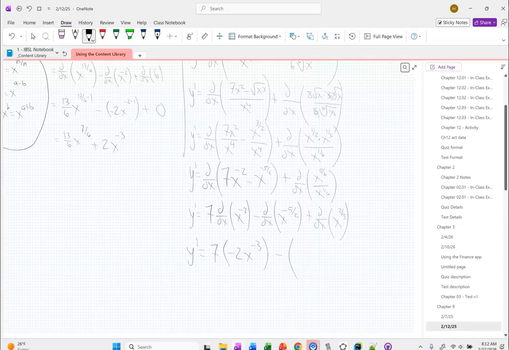The derivative of x to the -5/2. The new coefficient should be -5/2. And then the new exponent should be -5/2 minus 1, which is -5/2 minus 2/2, so -7/2.